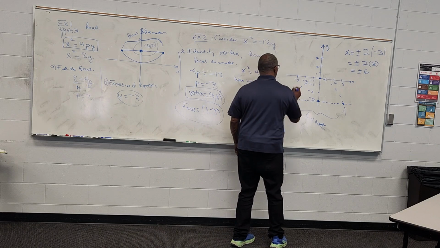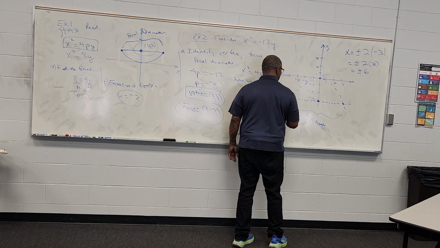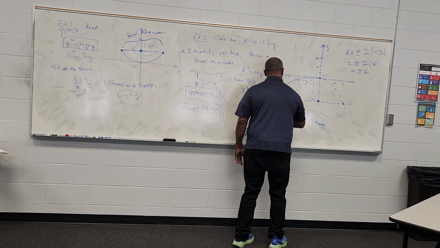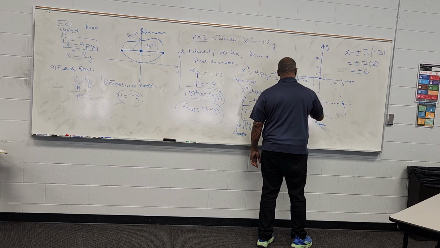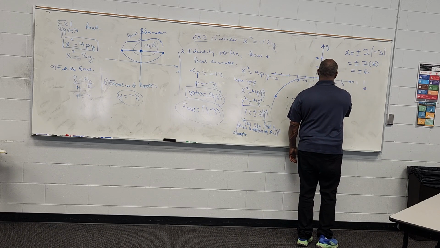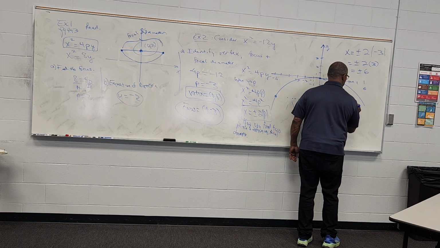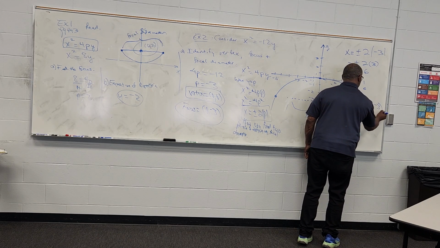So 4, 5, 6, and again, this is not to scale. So the parabola has to do this. Get rid of that stuff, that was just for illustration. 4, 5, 6, and it will do this. So this will be the point 6, negative 3.